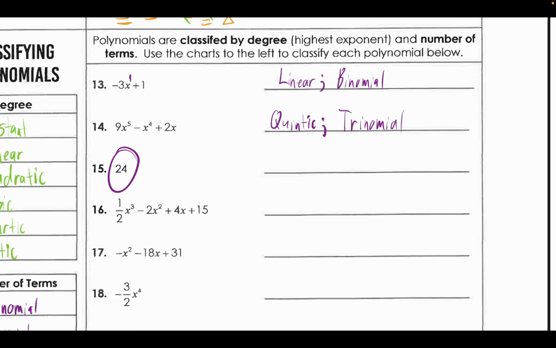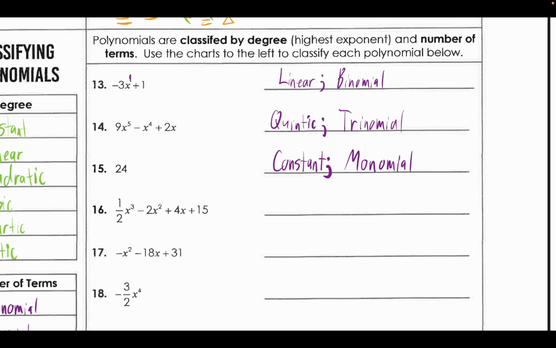Number 15 has a highest exponent of 0 technically. This is x to the power of 0. And so this is constant, because remember we're saying highest exponent on a variable. And then this is 1 term, so it's a monomial.